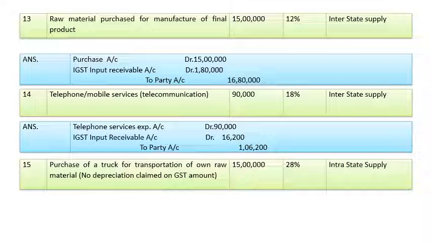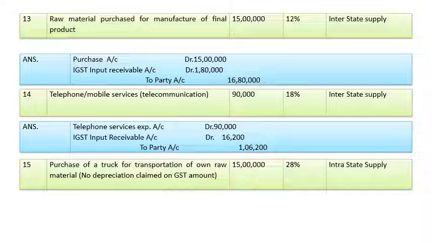But there are certain exceptions. If any vehicle is purchased for providing training, for transportation of passengers, and any vehicle purchased for transportation of goods or finished goods from one place to another place, then we don't have to look for the seating capacity, and whatever GST paid in that situation, credit is available.